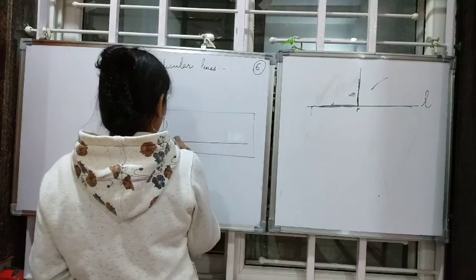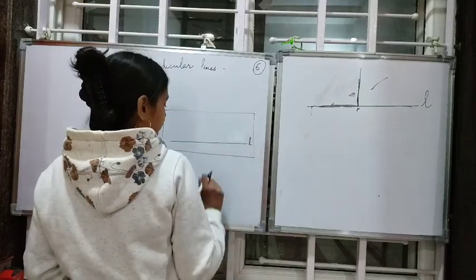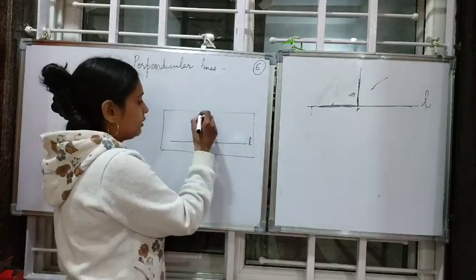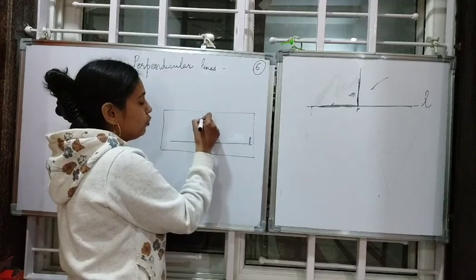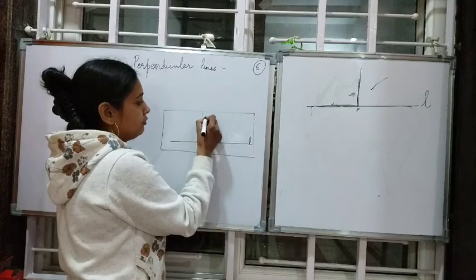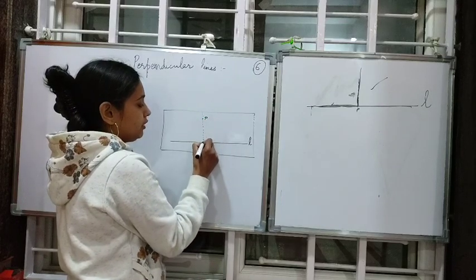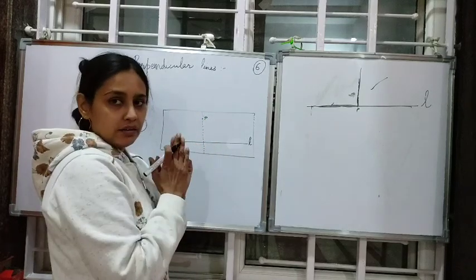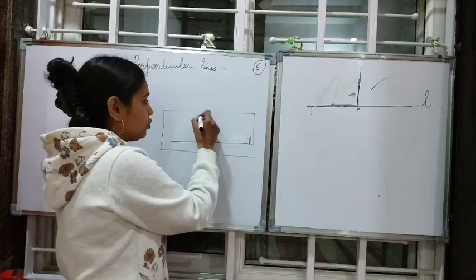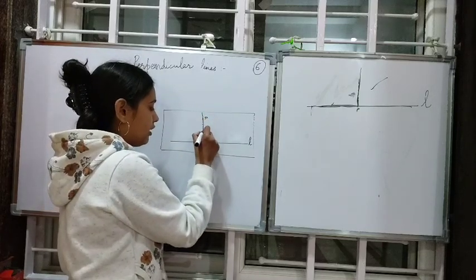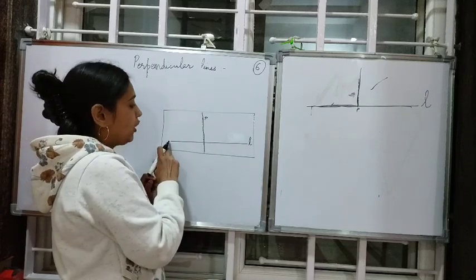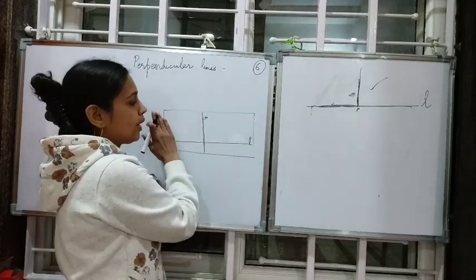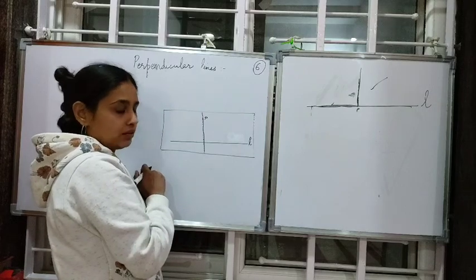This is your line L, and this is your point P. Now through this point P, you fold your paper like this. You will get a fold marking. You trace your line, and this is how you draw a perpendicular on line L through the paper folding method.